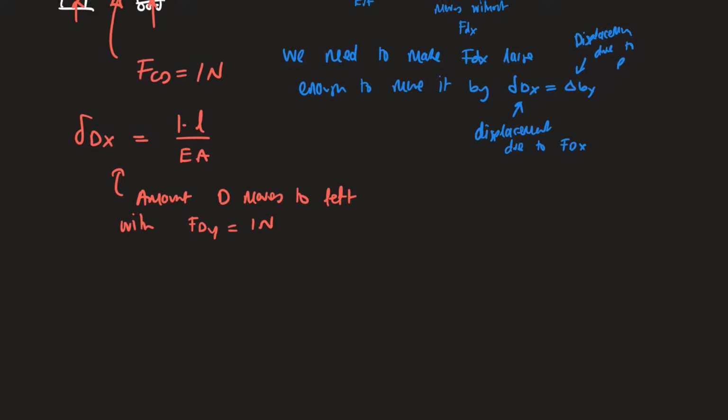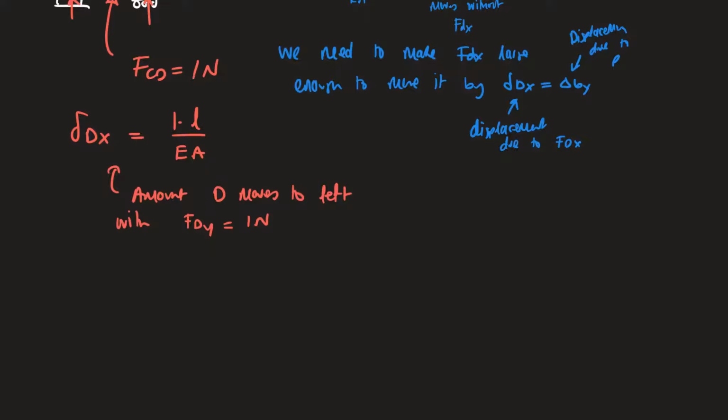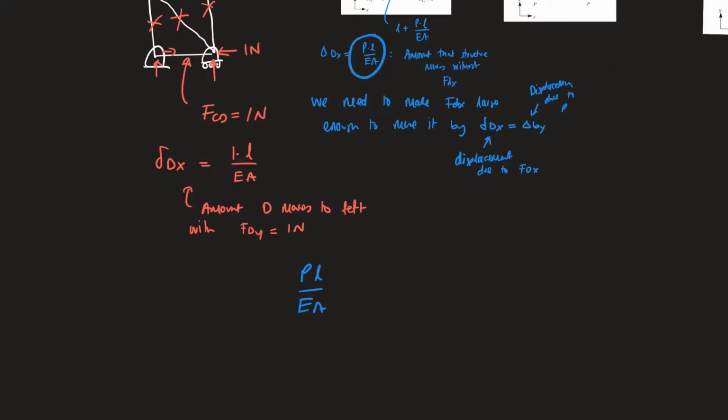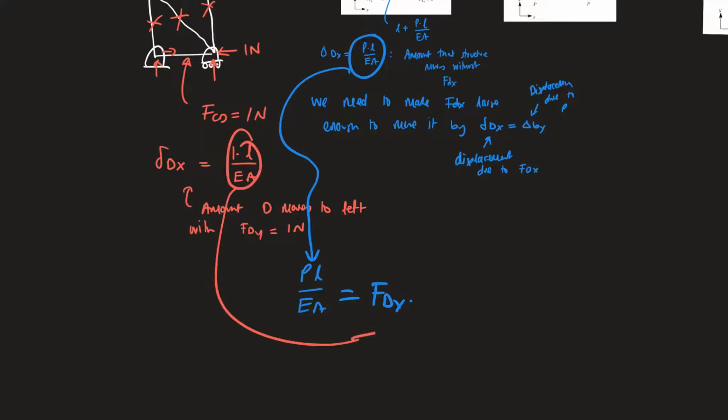So the absolute size of FDY has to be enough to make this equal to this. So we can say PL on EA, remembering this has come down from up here, it's got to be equal to FDX multiplied by this. And we'll easily see FDX is equal to P in that case.